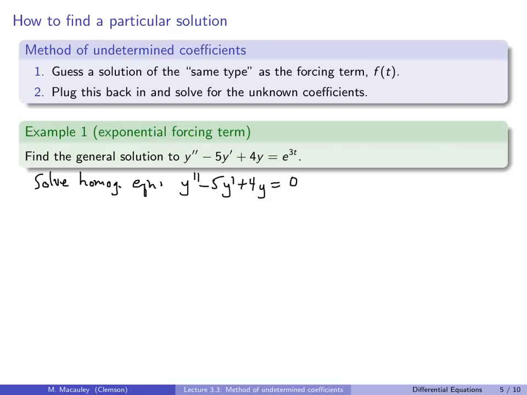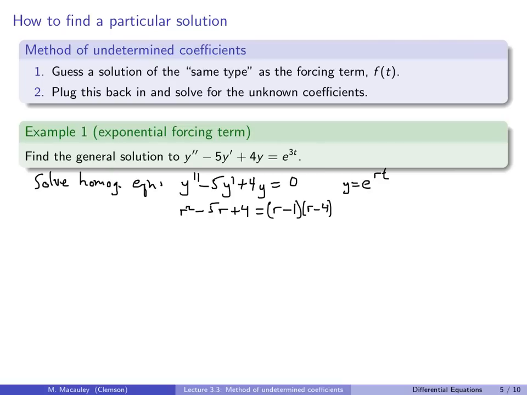Now recall that the solutions are going to be e to the rt, and when we plug this back in, we get a polynomial of the form r squared minus 5r plus 4, which is r minus 1 times r minus 4.